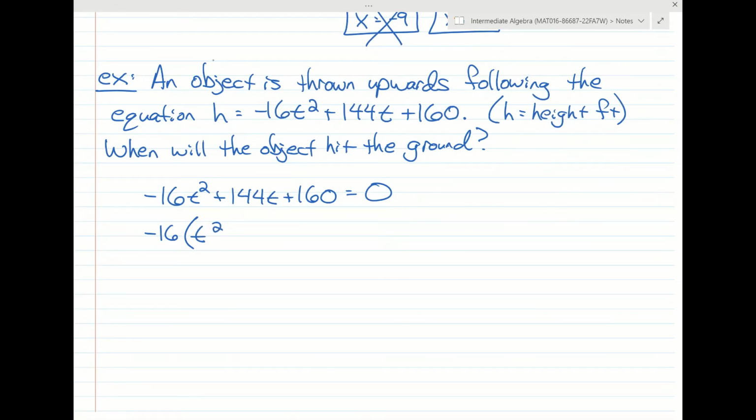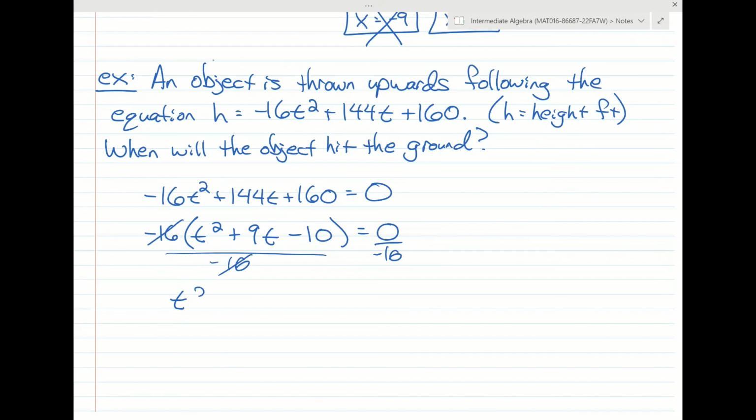And if we do that, let's see, 144 divided by 16 is 9. And then this would just be negative 10. And then we just set the factors equal to 0. Really, you could just divide both sides by negative 16. This negative 16 doesn't have any x in front, so it doesn't really matter.